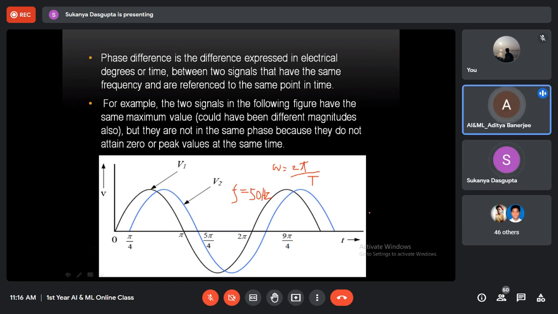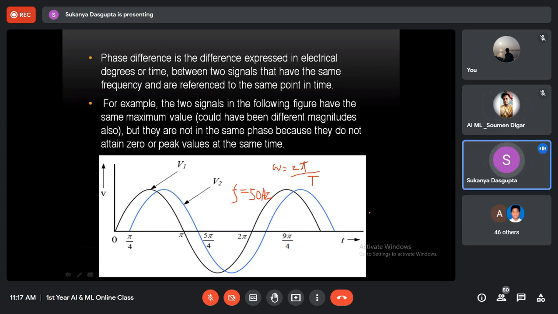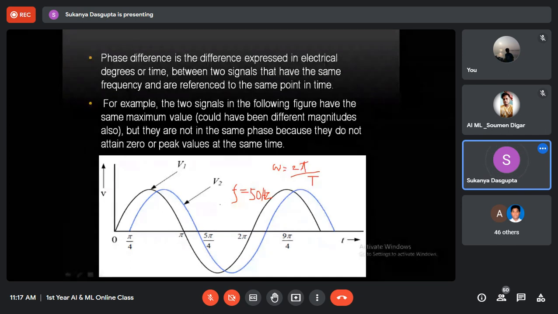Is it 9 pi by 4? No, ma'am, 2 pi. How? 9 pi by 4 minus pi by 4. It's just 2 pi. That means both the signals have the same frequency, 50 hertz.